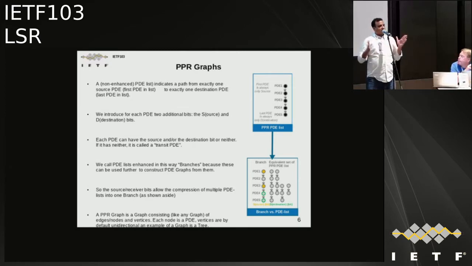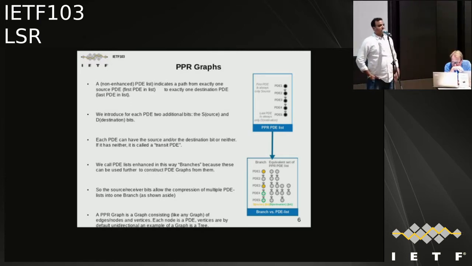So 4 paths can be compressed into 1. For example, PDE1 from source, for each source expanded to each destination. So every destination should contain a forwarding entry. So the forwarding entry can be established. So with simple bits, you can compress it. And if you don't want too much scale, you don't have to use this, but it's a simple feature you can use. And also the same concept can be extended to build the graph, and this will even further compress it. Next slide, please.